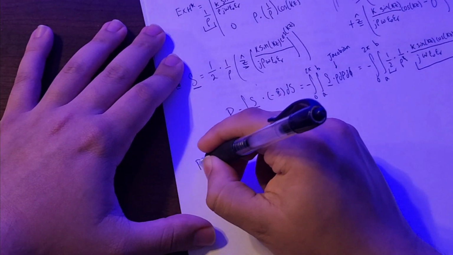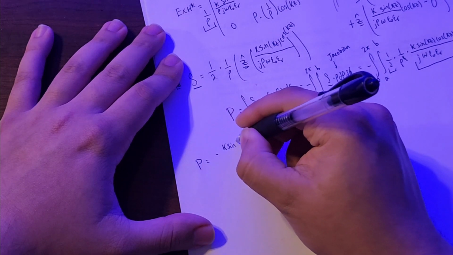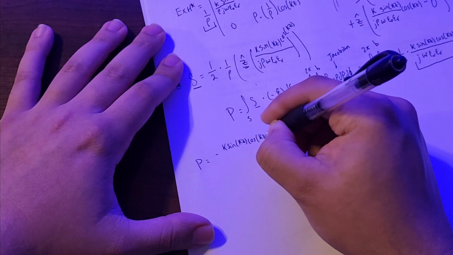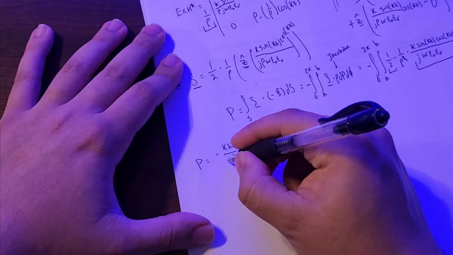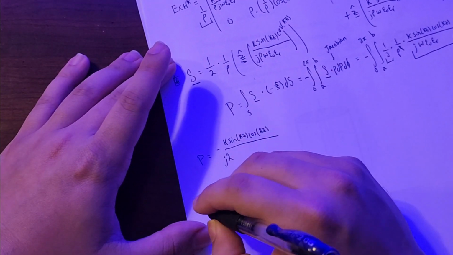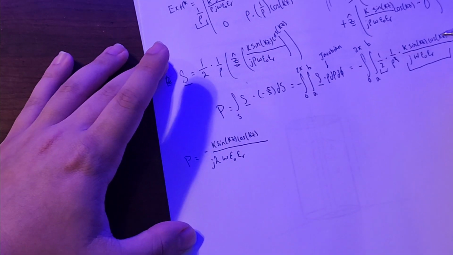So now we have P is equal to negative k sine kz cosine kz over 2, we'll put the j out in front here, omega epsilon naught epsilon r.